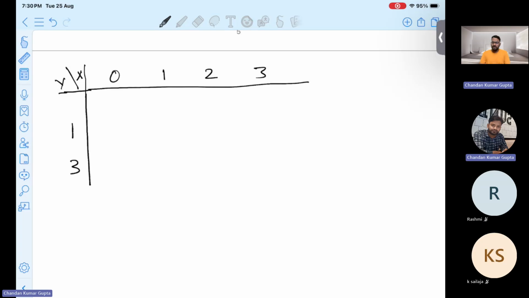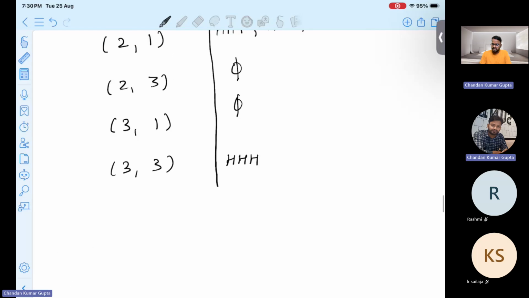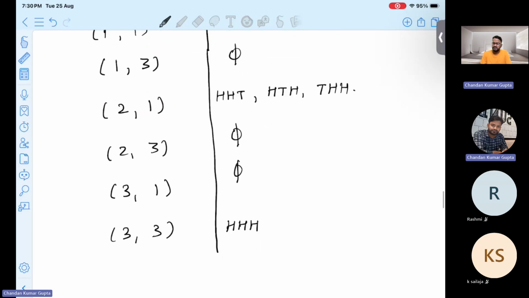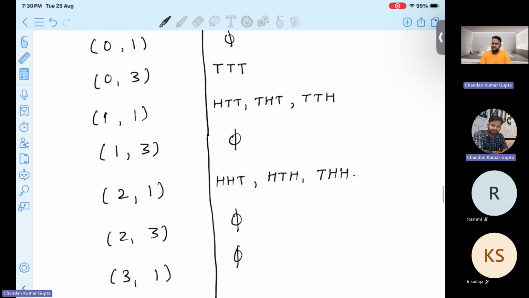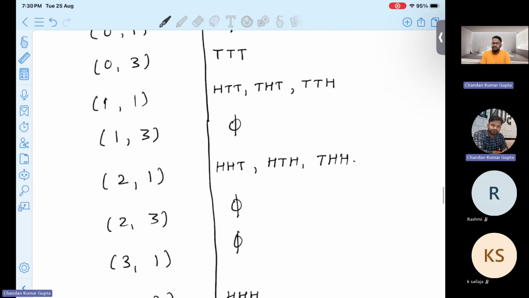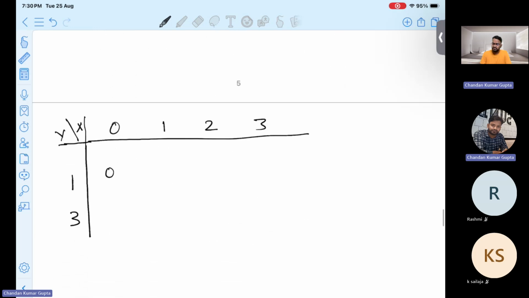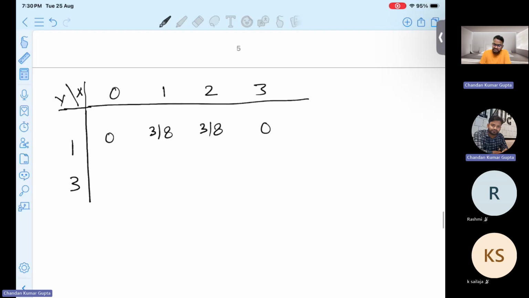So x equal to 0, y equal to 1 has no sample, so the probability associated with this is 0. X equal to 1, y equal to 1 contains 3 elements, so out of 8, 3 elements are in favor of this, so that means 3 by 8. In the same manner, 2, 1 also contains 3 by 8, and 3, 1 contains 0. Now the rest two are 1 by 8 each: 0, 3 and 3, 3.